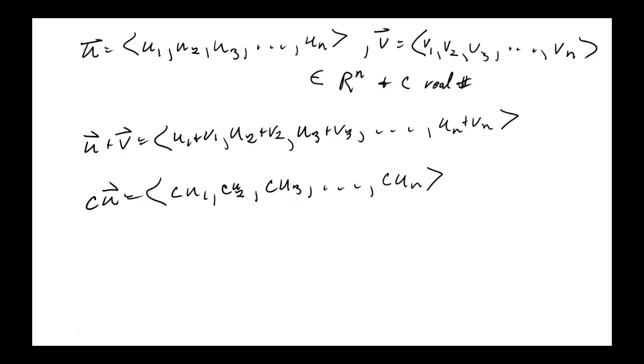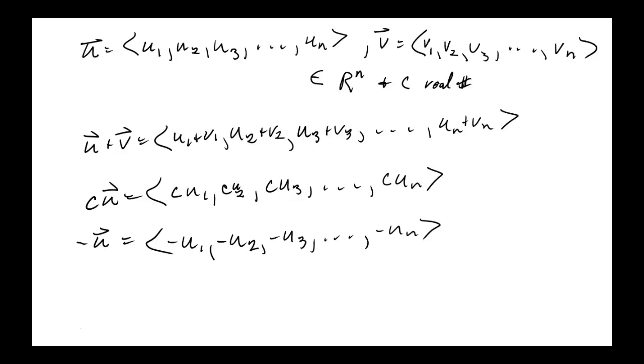Now, also similar to what we did before, we can introduce all the other things. The negative of u would be negative u1, negative u2, negative u3, dot, dot, dot, all the way up to negative un. You just negate every component in u. In other words, your c is minus 1, and that's what you've just done.